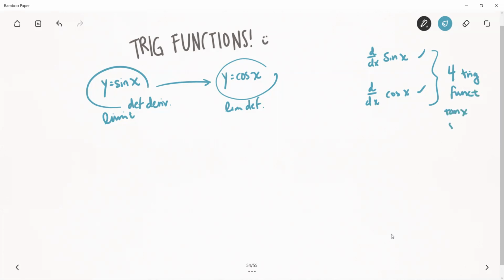Tangent, secant, cosecant, and cotangent, because these four are all just ratios of sine and cosine, right? Tangent of x is sine over cosine. And so if you know the derivative of sine, you know the derivative of cosine, you can just use your quotient rule to find the derivative of tangent. And then once you know the derivative of tangent, you don't have to do it this way anymore. You can just go straight to your answer.